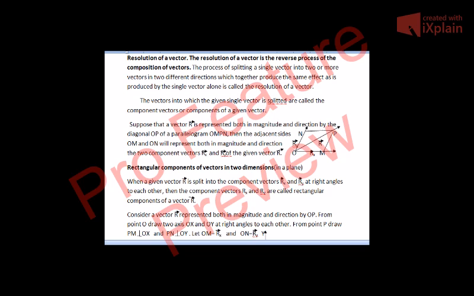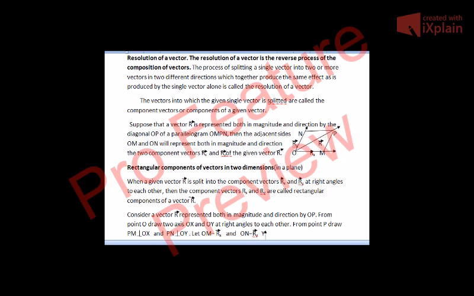Consider a vector R represented both in magnitude and direction by OP. From point O, draw two axes OX and OY at right angles to each other. From point P, draw PM perpendicular on OX and PN perpendicular on OY.